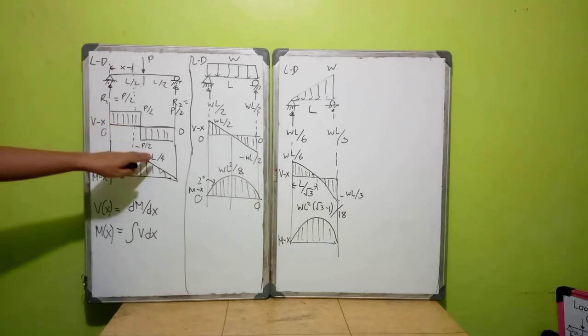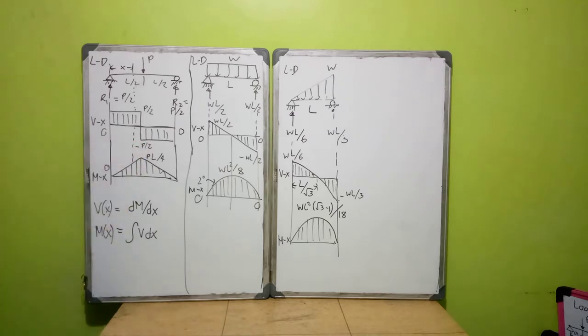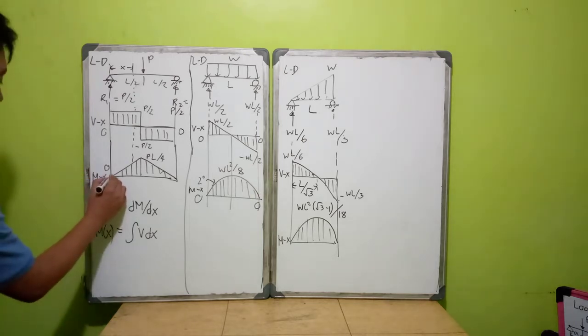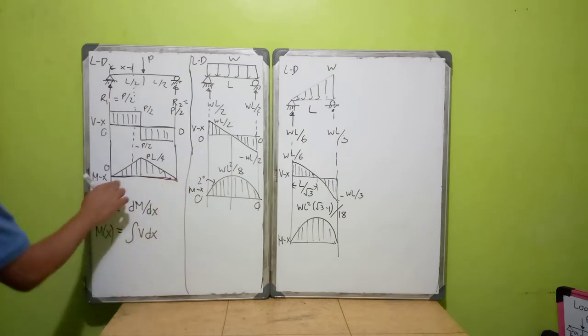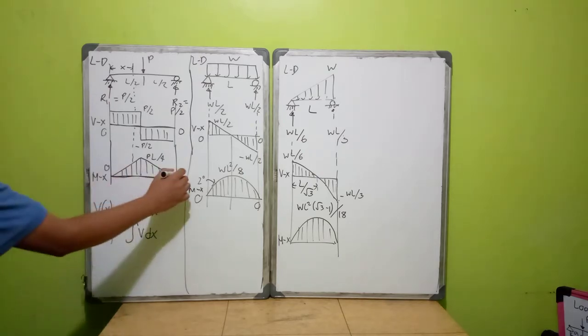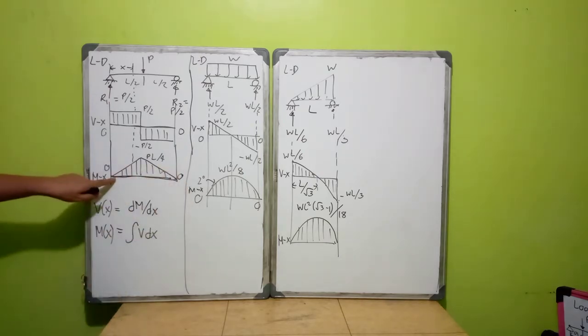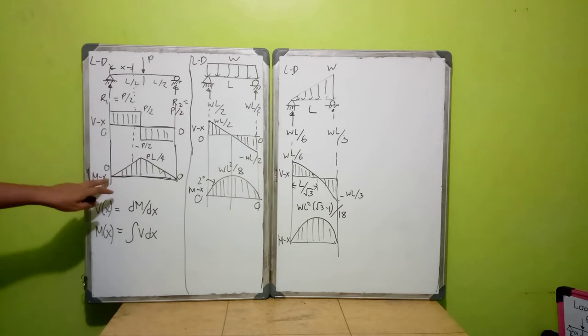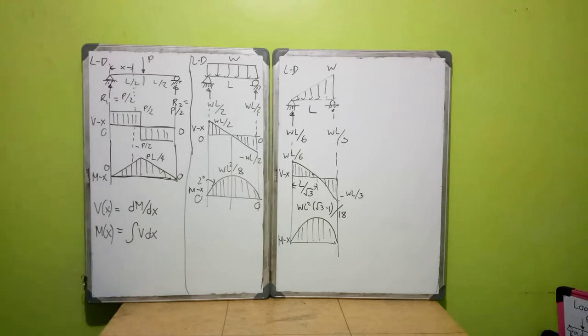If it is under this line, your shear is less than zero. It is also true for moment. Relative to this line, which is theoretically where zero moment happens, above this your moment is positive, and below this your moment is negative.